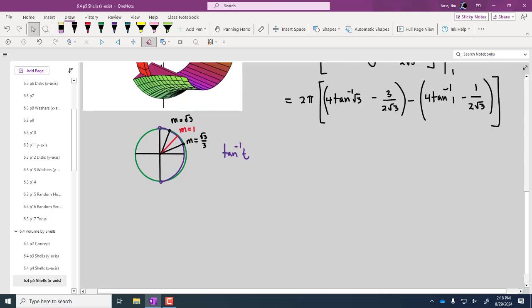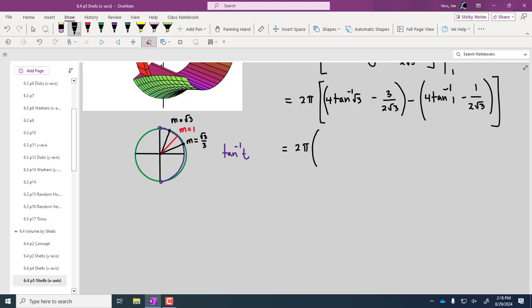So when we come in here to evaluate, this is how we're going to do it. Inverse tangent of root 3, that's the angle on the right side of the circle with a tangent value of root 3, that's right there. That's pi over 3. So 4 times pi over 3.